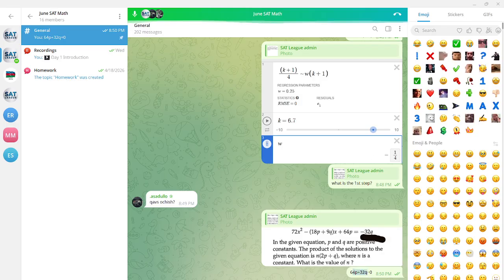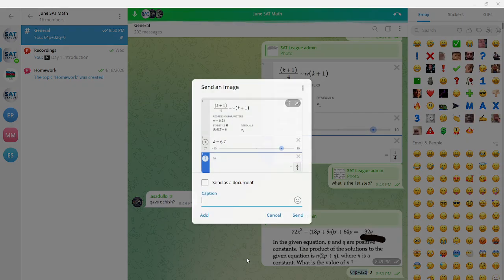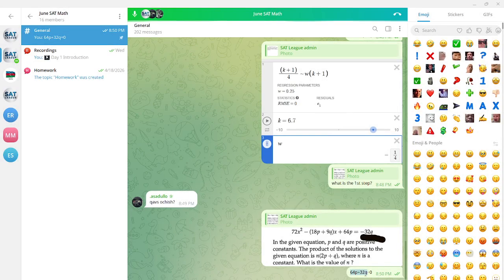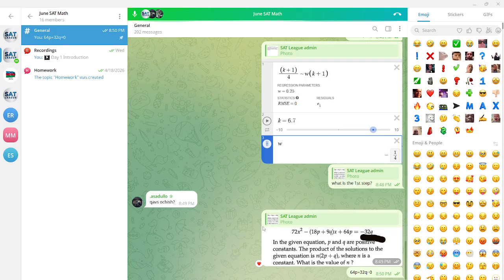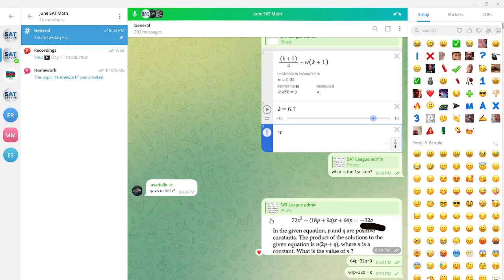And 64p plus 32q is the value of C, if you have noticed. This is the value. Now A is equal to 72.